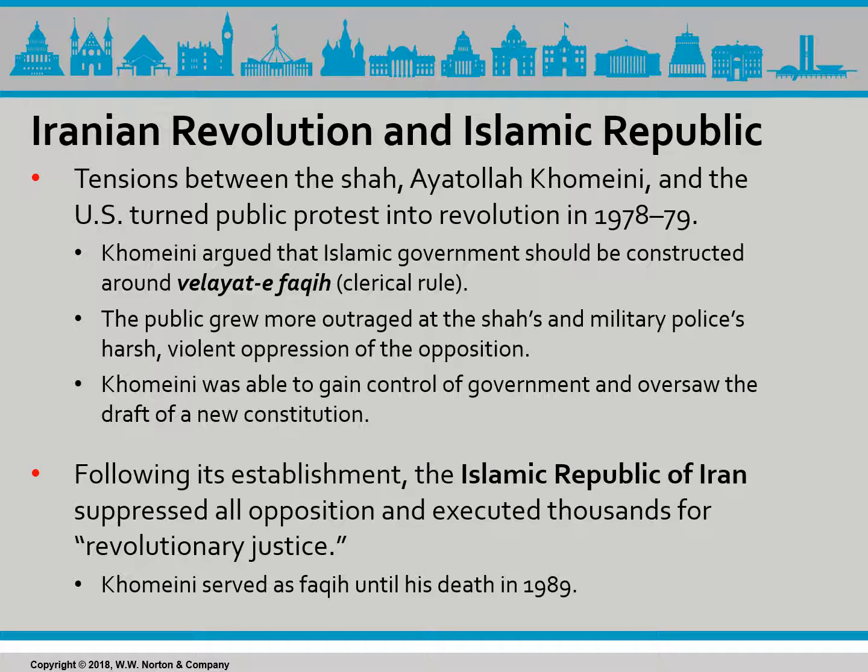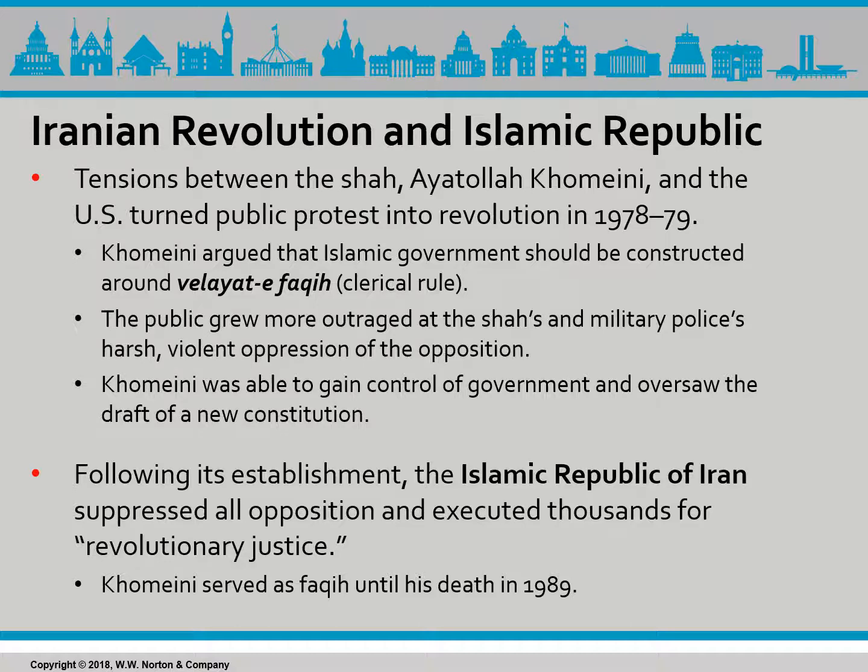He outmaneuvered the provisional secular government that replaced the Shah, because the Shah ended up leaving, because of the violence, and he was also sick, and he needed to be treated for cancer in the United States. But essentially, the Shah left.